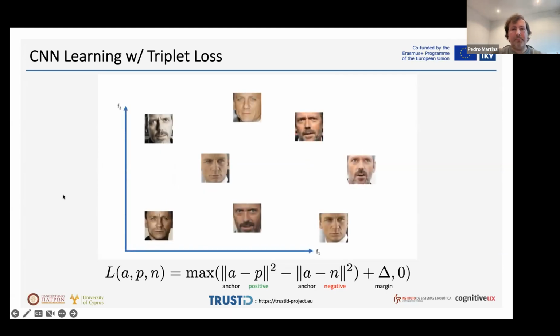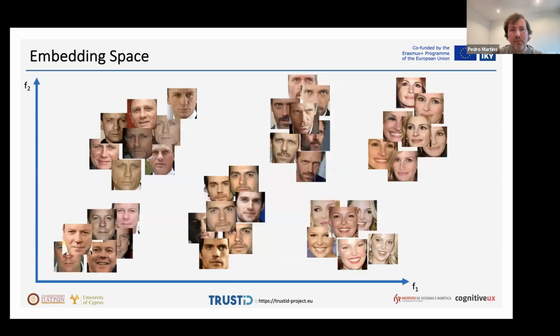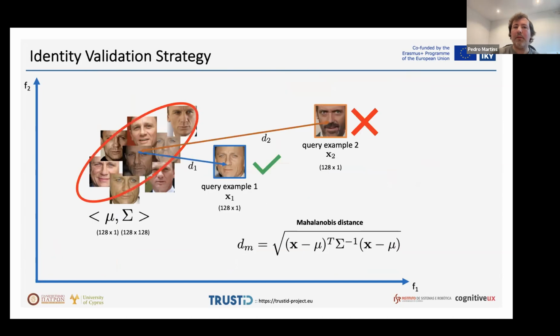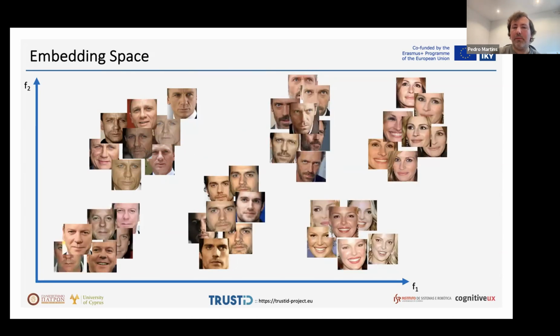Let me move on. Okay, so at the end, eventually we get all examples somehow clustered in groups, and that's in essence what the network needs to do.